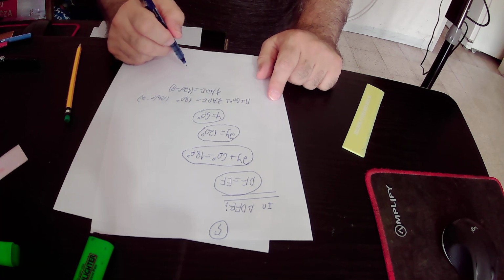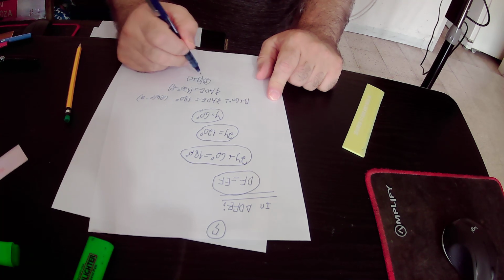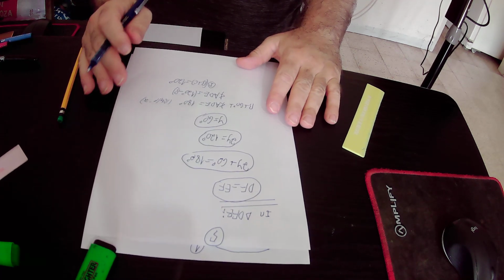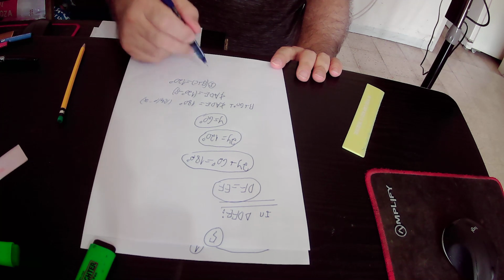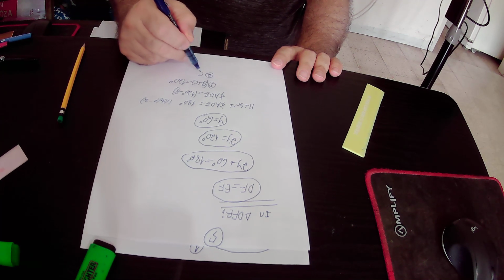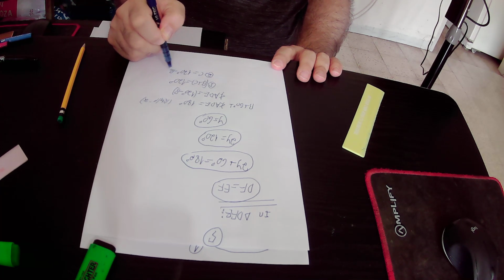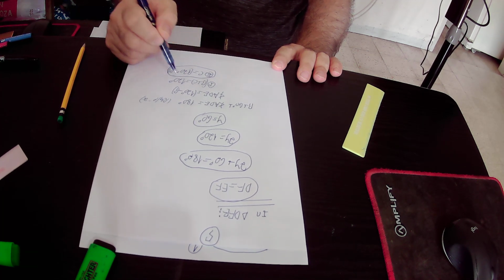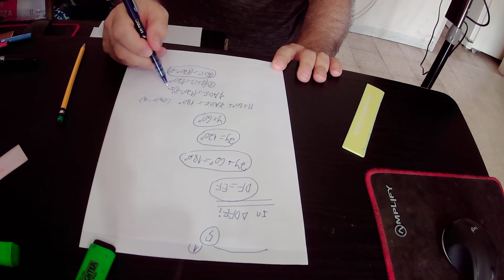Okay, but we have already found out in equation number 1 that B plus C equals 120 degrees. We will subtract B from this equation and we will get that angle C equals 120 degrees minus B. So here 120 degrees minus B equals C according to equation number 1.